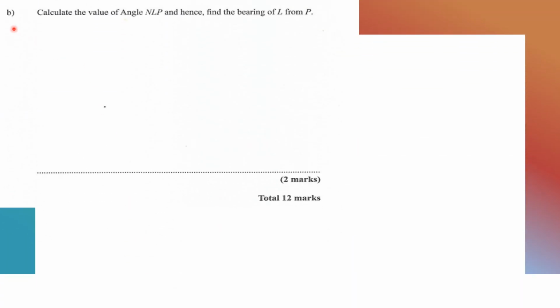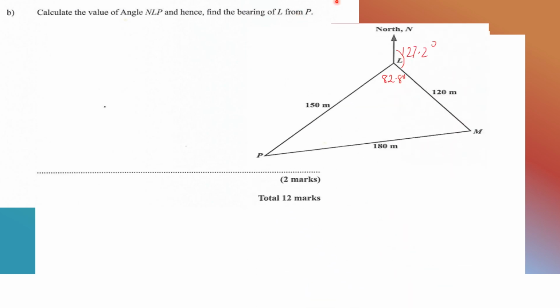So part B, calculate the value of angle NLP and hence find the bearing of L from P. So let's look back at our diagram. We were told that from here to here is 210 degrees. So if they want to find the angle NLP, that means they want to find this angle.